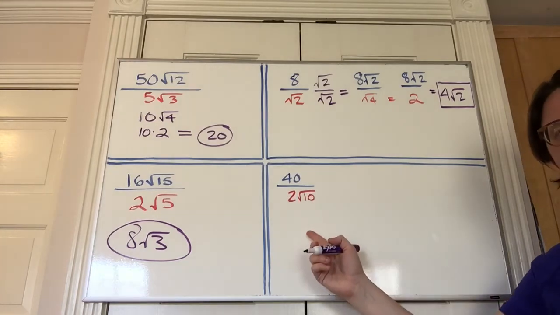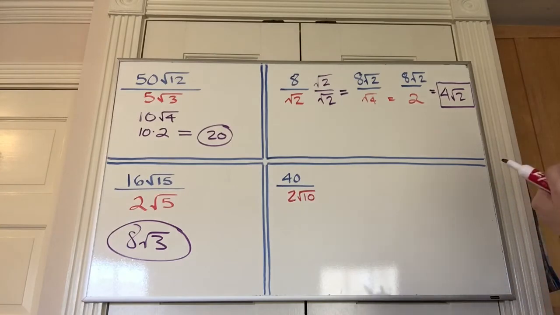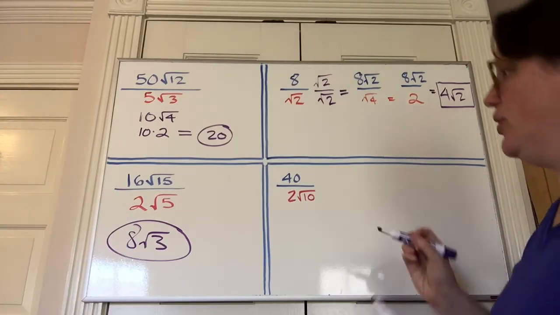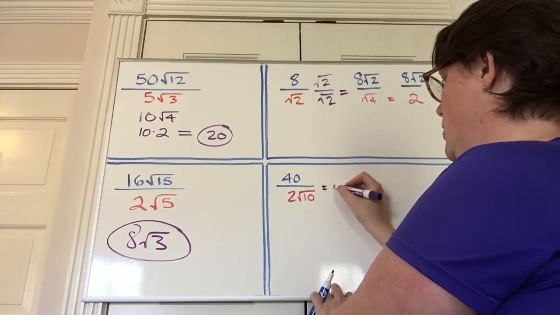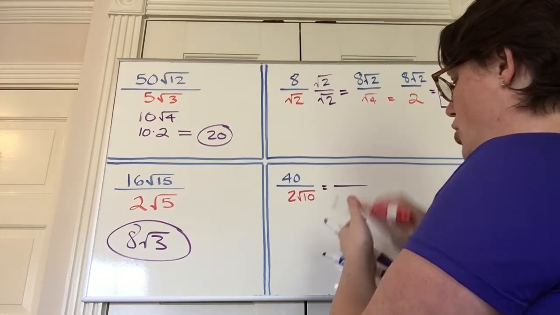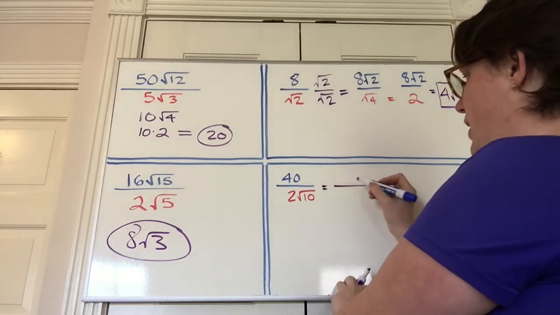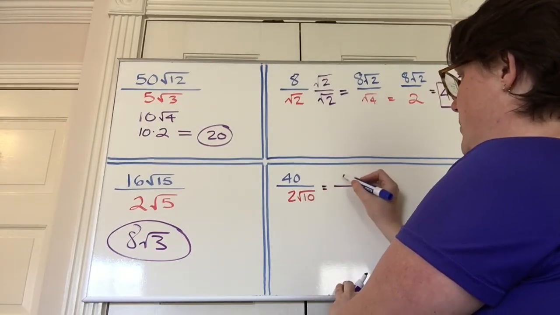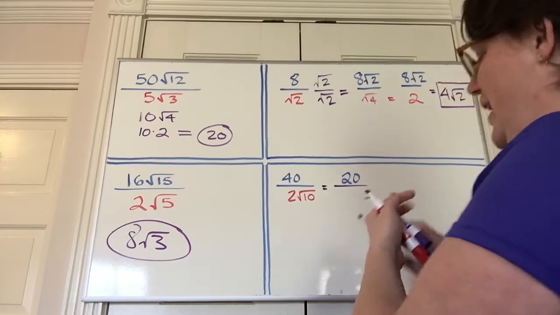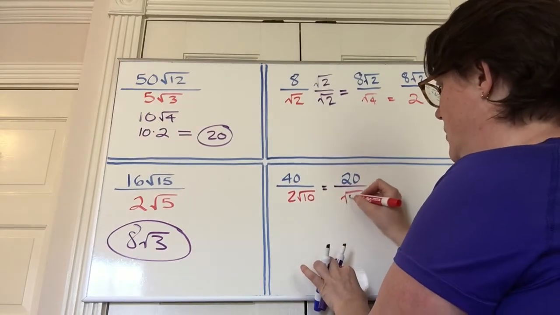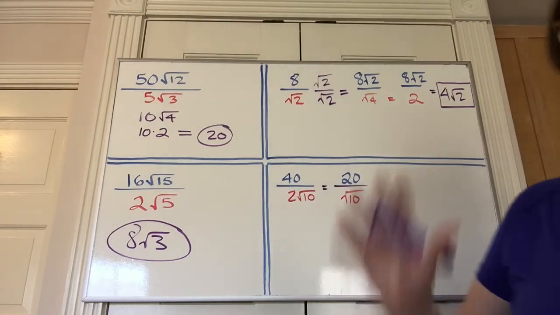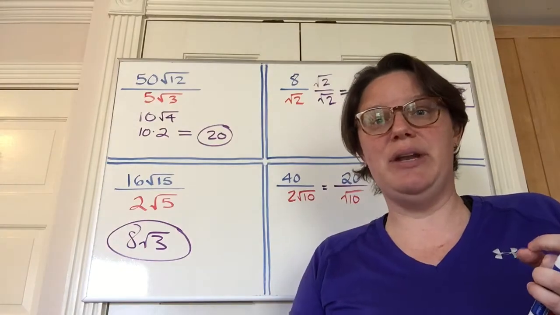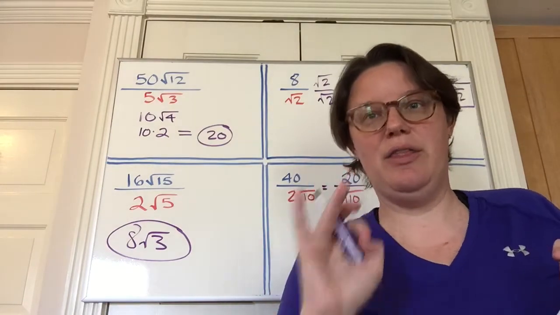If you look at this next problem right here, it's very similar. It's just you can actually do something at the beginning. At the beginning of this problem, I say, okay, well, I know that regular 40 divided by regular 2 is 20. I know that I can do the top divided by the bottom in terms of the regular numbers. 40 divided by 2 is 20. But that root is stuck in the bottom because I didn't have a root on the top to divide it by. Okay, so what do we do when we have a root stuck in the denominator? Whenever you have a root stuck in the denominator, multiply by the denominator.